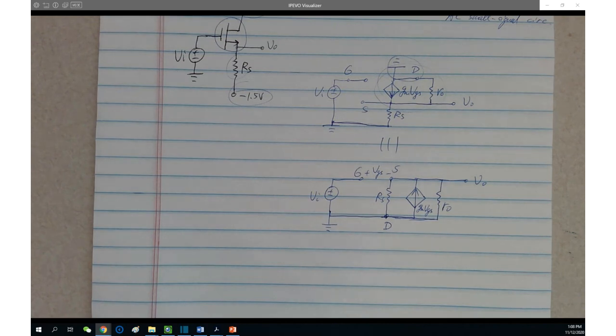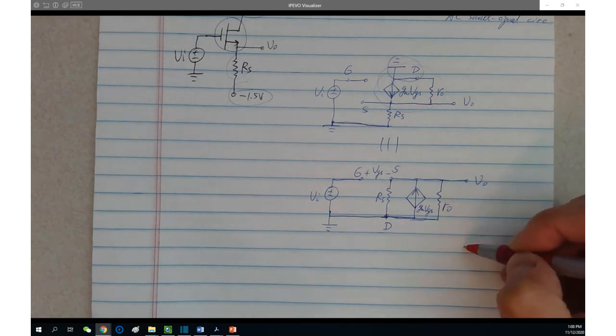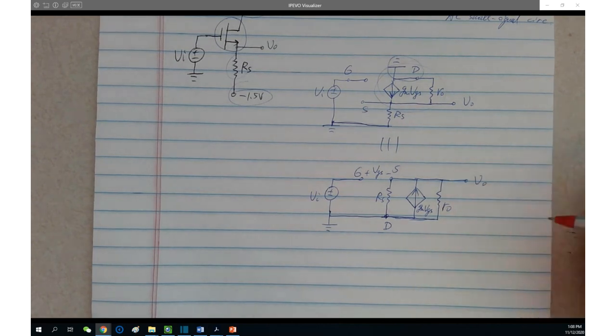So how to find the equivalent resistance? Output resistance now means between which two ports in this circuit? You need to understand this first of all.